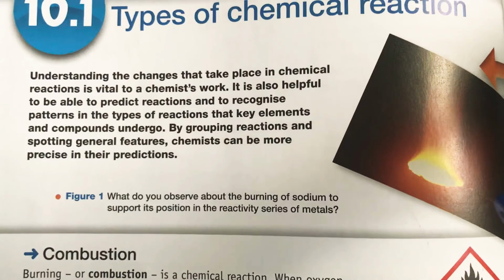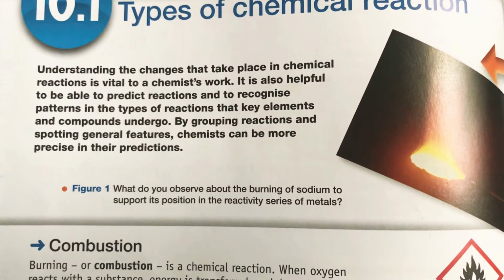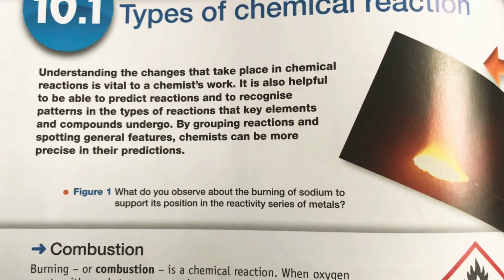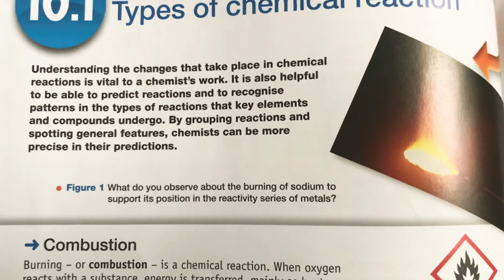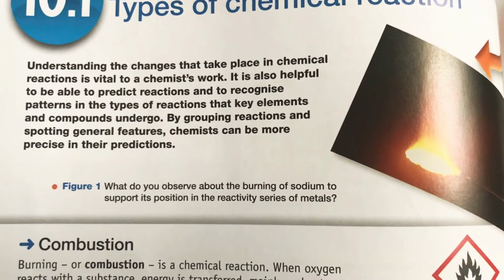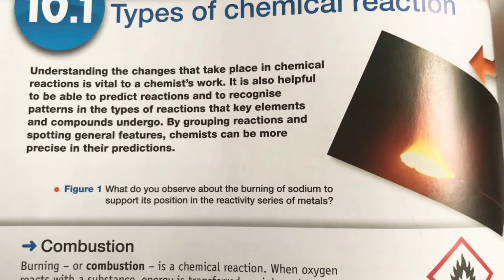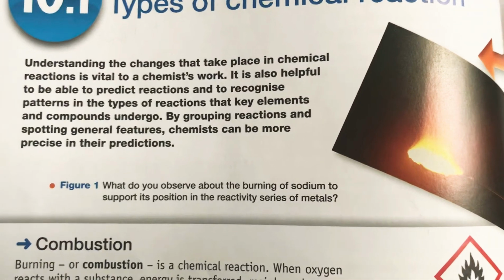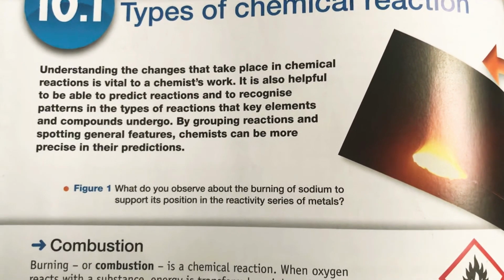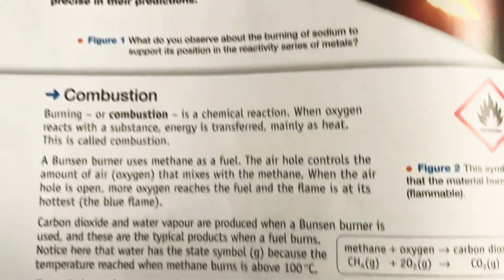I can do that because I understand that that type of chemical reaction is what we call a displacement reaction. So you can use that knowledge to help you predict all sorts of different chemistry. And by learning all of these 4 different categories of reactions, you should be able to become a brilliant chemist yourself. So I'm going to go through combustion first.